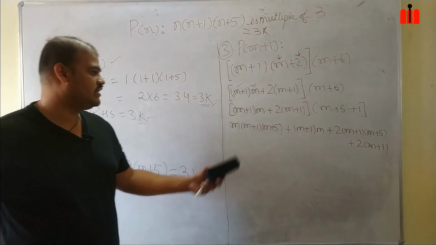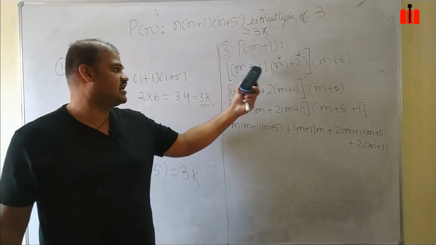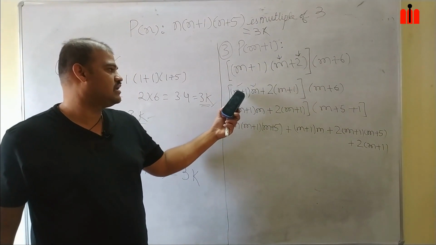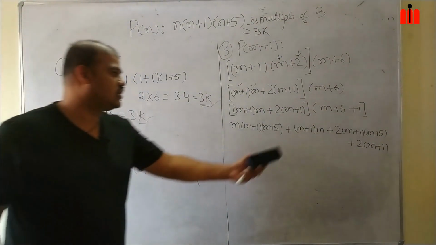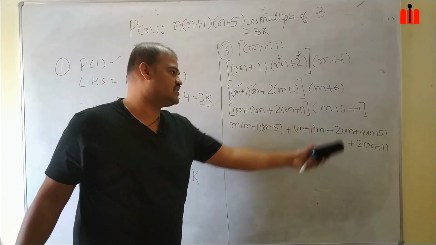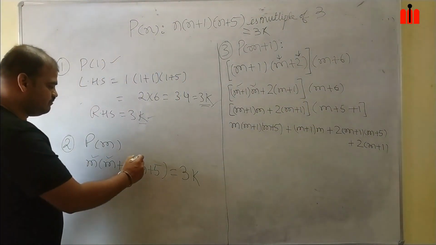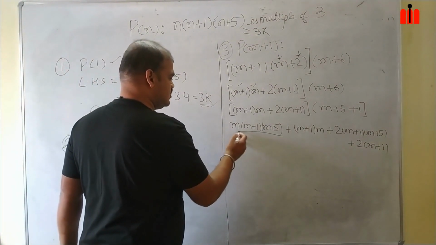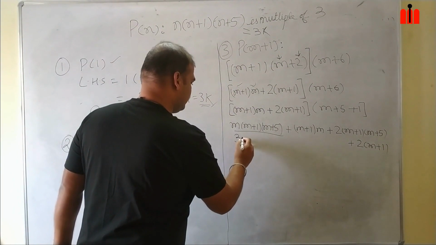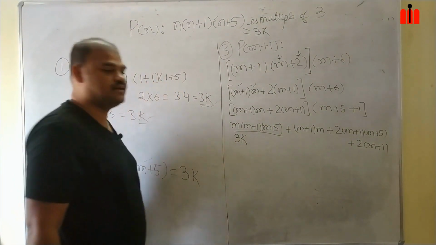Okay, are you getting it? What I did: first I split this m plus 2 into m plus 1 to get the m and m plus 1 terms. Now I split this m plus 6 into m plus 5 plus 1 to get the m plus 5 term. So we get this part of our Pm statement, which can be written as 3k.